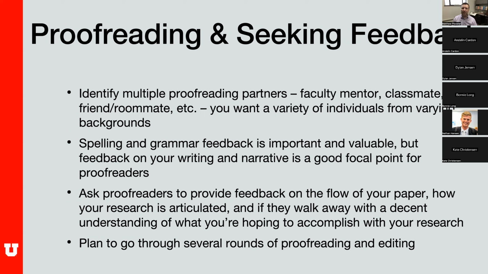Spelling and grammar feedback is important, but the valuable feedback you're going to get from others is on your narrative, how everything flows. Ask your proofreader to provide feedback on the flow of your paper, how your ideas and your research are articulated, and if they walk away with a decent understanding of what you're hoping to accomplish in your research. This is why the diversity of backgrounds among your proofreaders is really important.